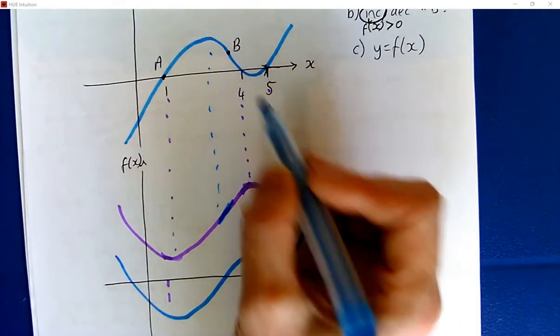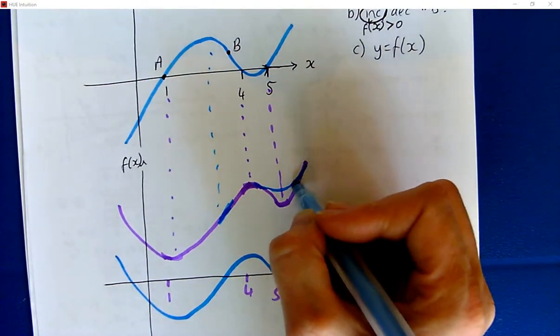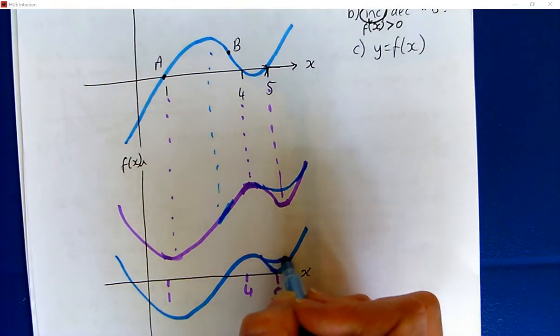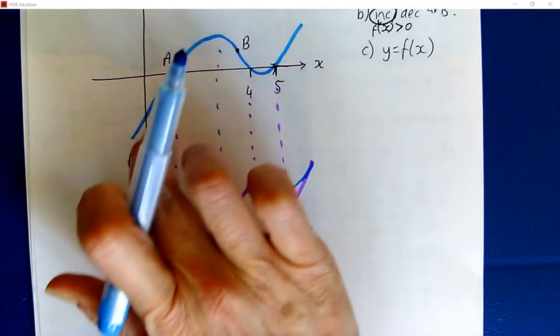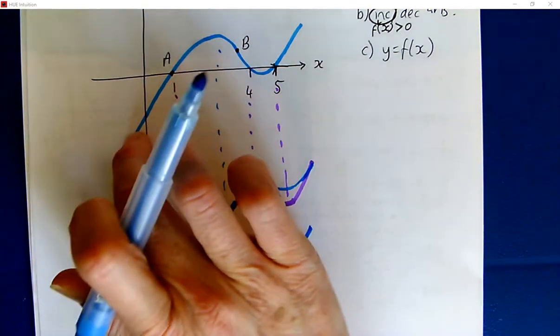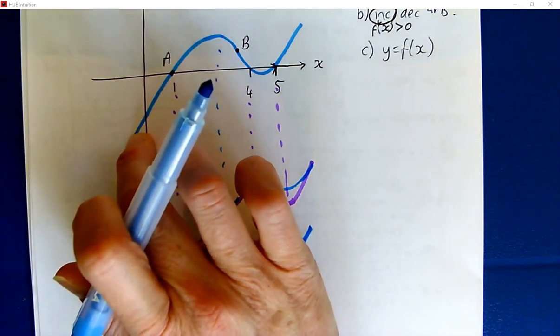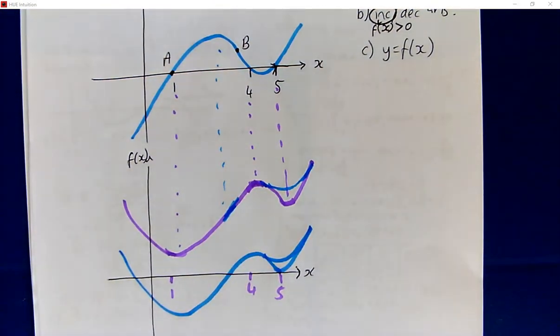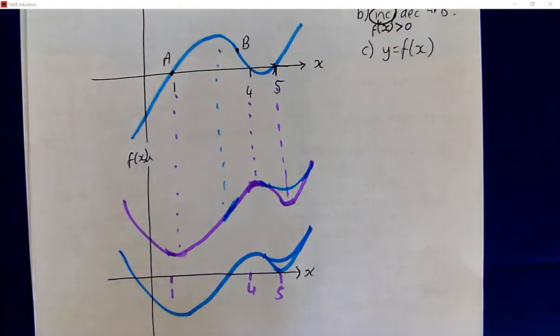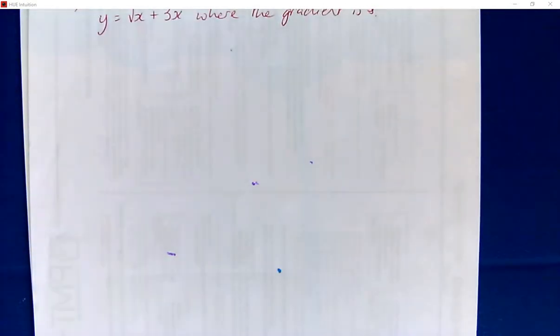Because it's very small negative values, isn't it? So if I smooth that out, that might be a bit better. Okay, and here we've got very steep negative values, very large in magnitude negative values, so we've got a very steep bit of graph, and that seems to work. Okay, they're always hard to think about, so don't worry.